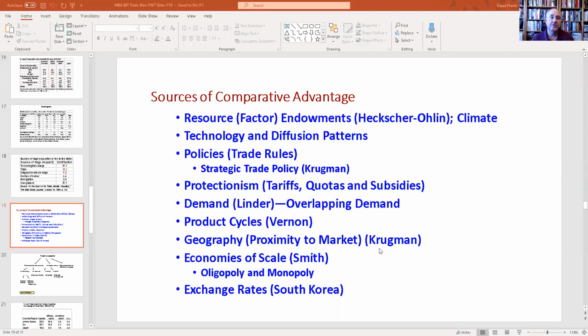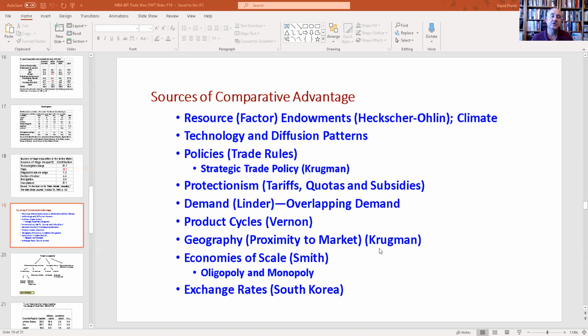Okay, so for instance, if you have a lot of high-skilled labor, then you would be relatively endowed with high-skilled labor, and as a result of that, you'd also be less endowed with low-skilled labor. It has to be relative: if you have a lot of one, it means you have less of another.